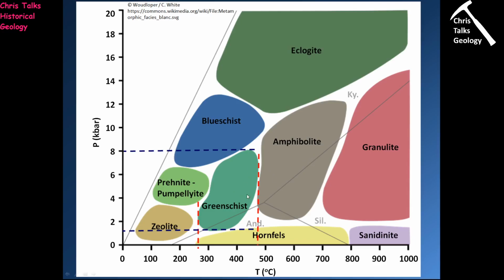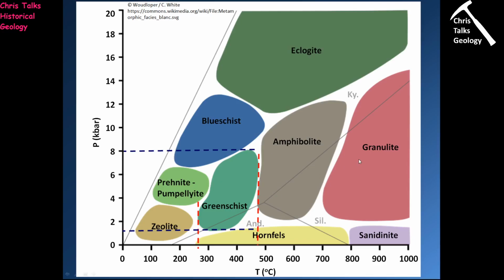So we lose one set of index minerals here, and we gain a new set of index minerals here. So this is the power of index minerals. If we can see them in the rock, it helps us work out to what pressure and temperature a rock has been exposed, and we also can use them to define these facies fields.